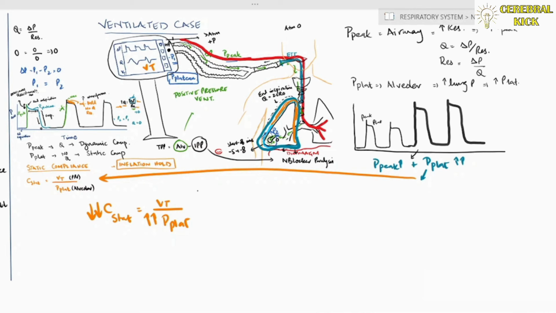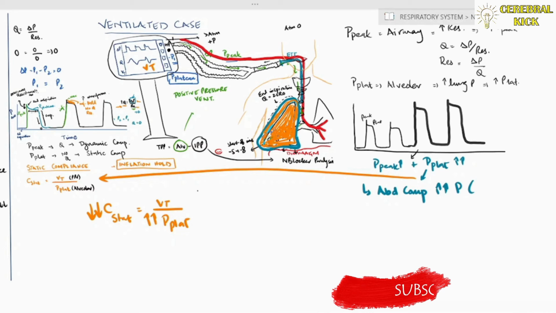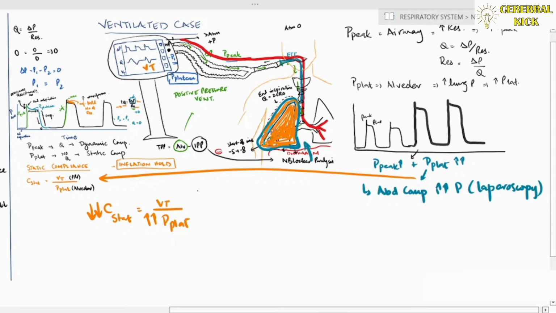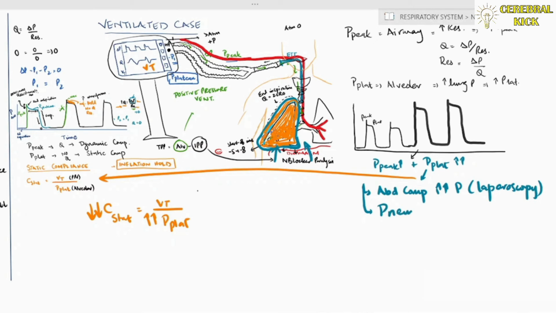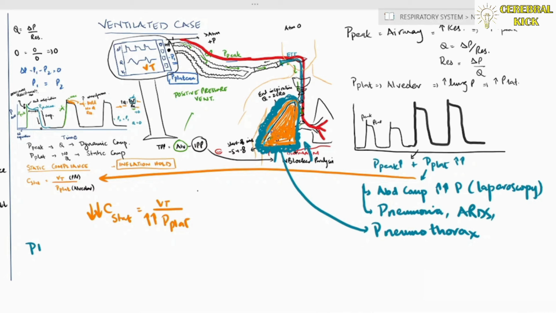So I would be suspecting any anomaly in or around the lungs, such as the abdominal compartment pressing onto the diaphragm, right? Or I could suspect pneumonia or ARDS, where lungs are involved and the compliance is starting to reduce. Or if there is air in the intrapleural space, like in pneumothorax. So plateau pressure and its value basically tells us about the static lung compliance of ventilated patients.